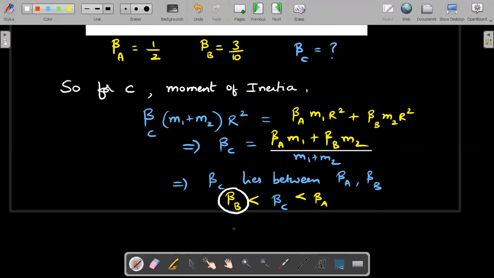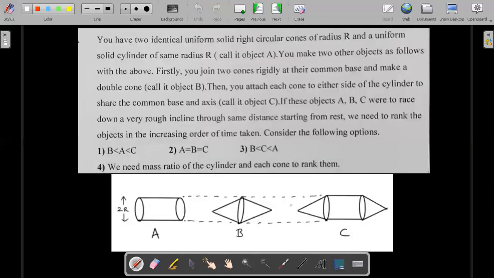So time duration wise, B will take the least time, right? Then C will take the next amount of time, and A will take the highest amount of time to complete the race. Okay, so if you go back to the options in the previous page, that would mean the required answer would be the one where C lies in between, right? So this would be the correct answer.